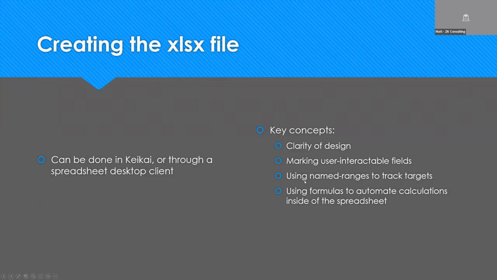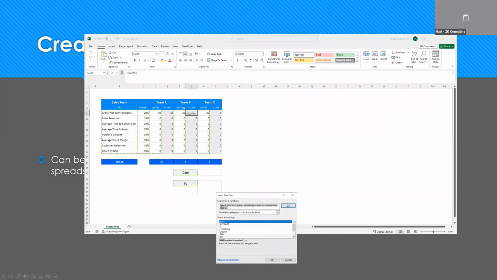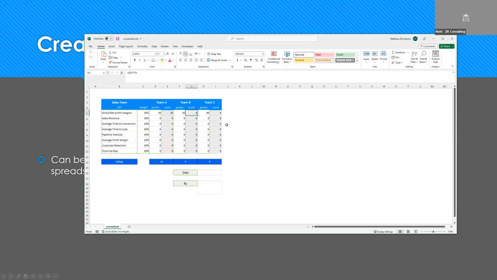We want to use a named range in order to automatically track targets. And we want to use formulas to automatically calculate stuff that doesn't need to be done in Java code, like addition, multiplication, sum, everything that uses a formula in the spreadsheet can be used in this way.